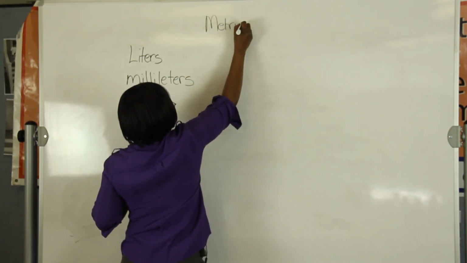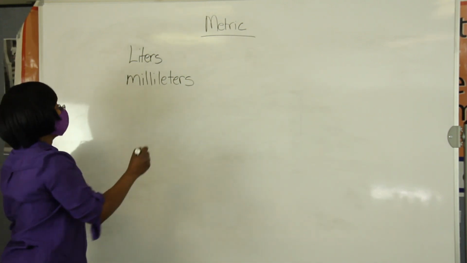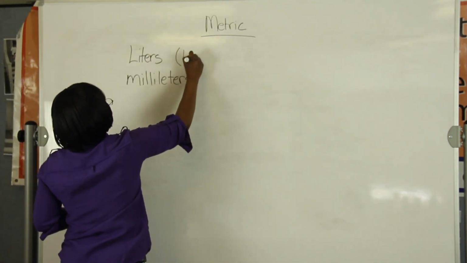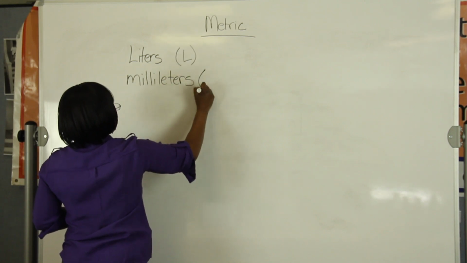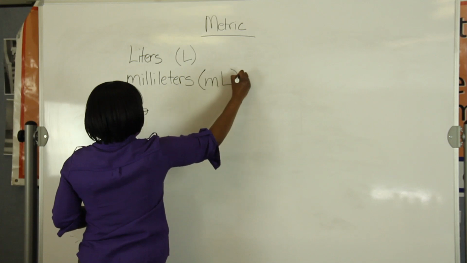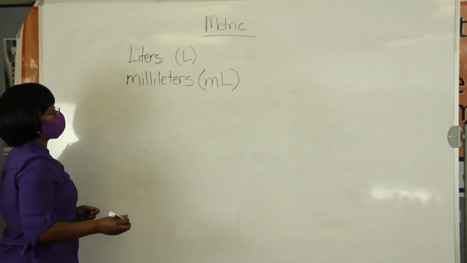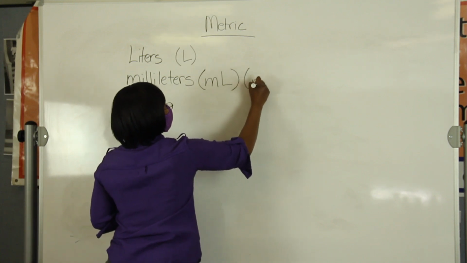Just so you'll remember that's all over the world. Now the abbreviation for liter is L, capital L, and for milliliter is lowercase m and capital L usually, but sometimes you'll see it this way.